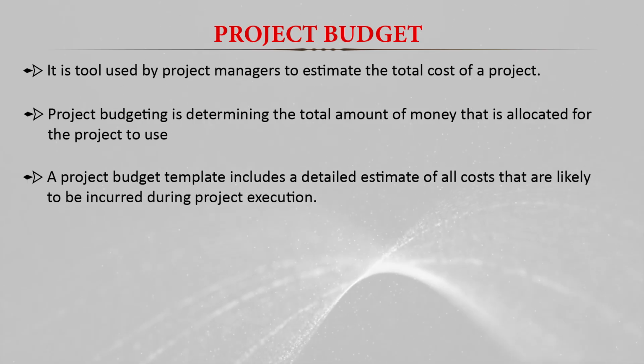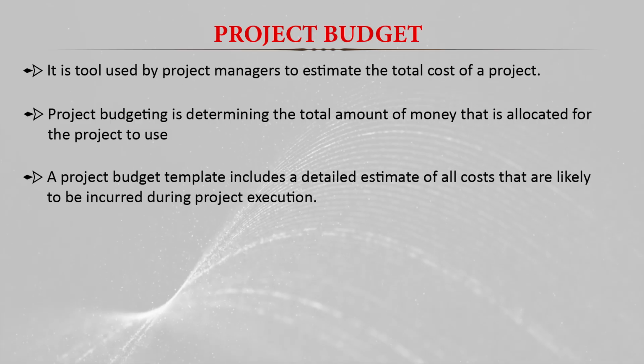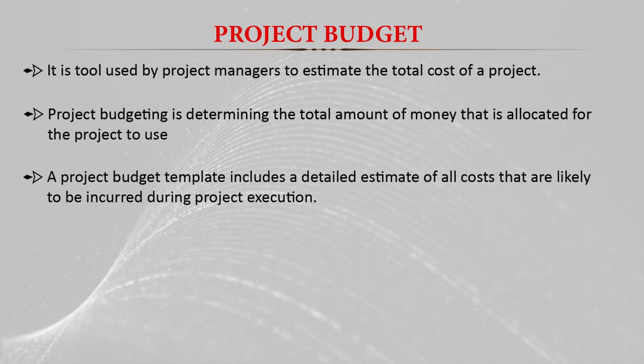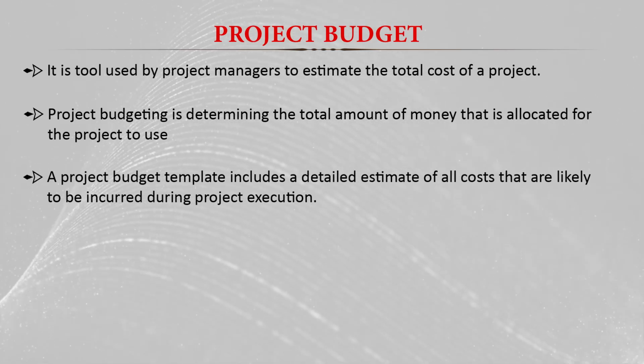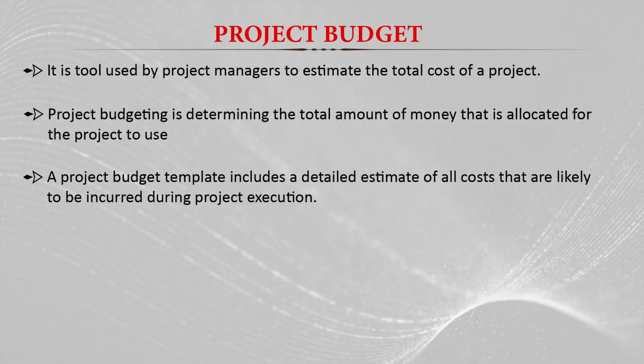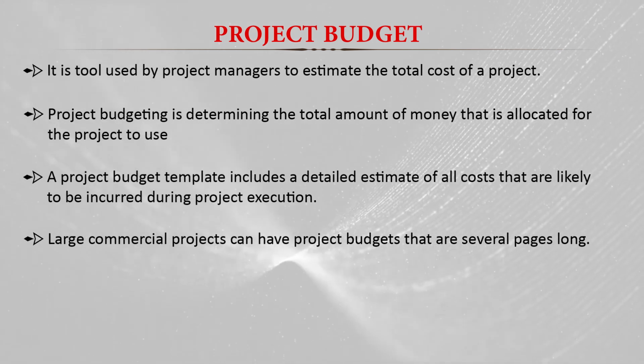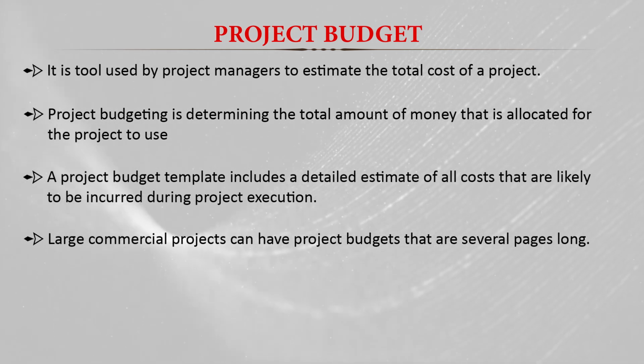And when we finalize the project budget, we prepare the template that includes the detailed estimates of all costs that are likely to be incurred during the project execution. So large commercial projects sometimes have a project budget that is several pages long.